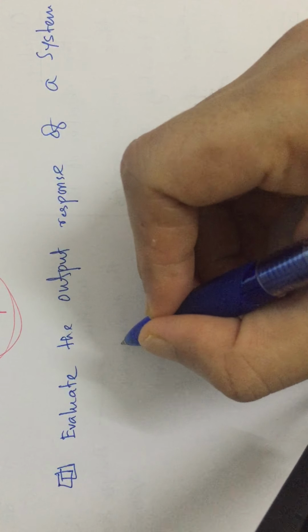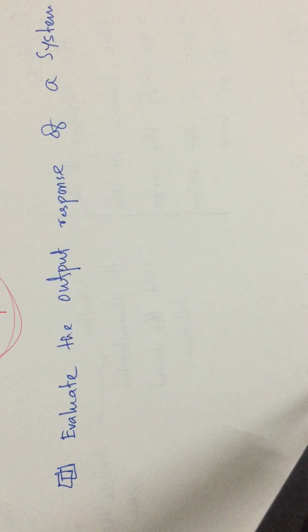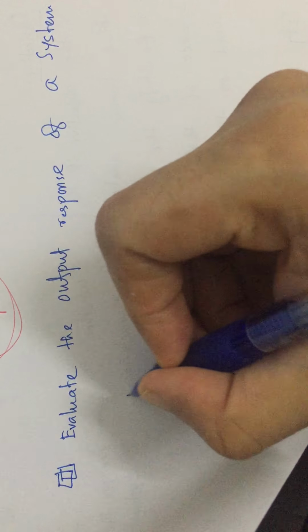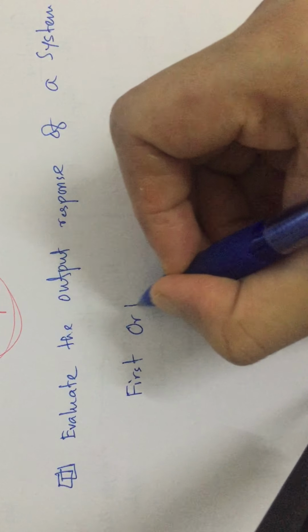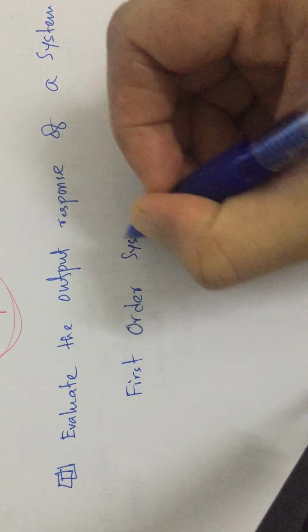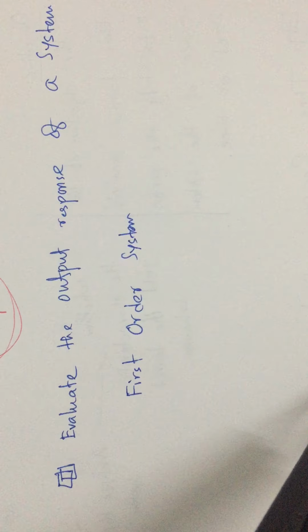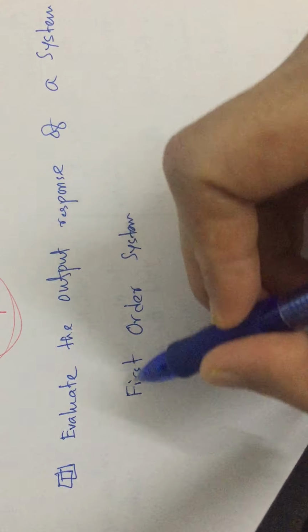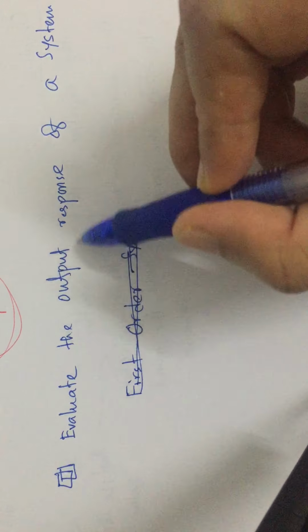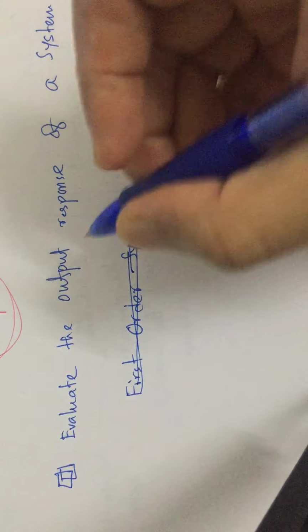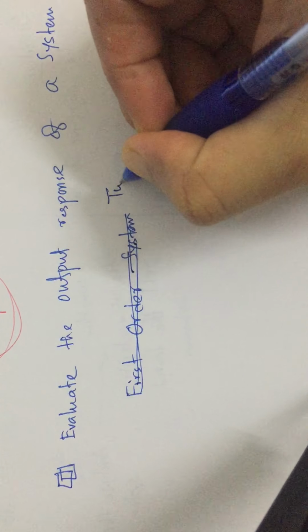So let's see an example. Example is a first order system. Again, how do you want to evaluate the output response of a system? As I say, there are two methods.